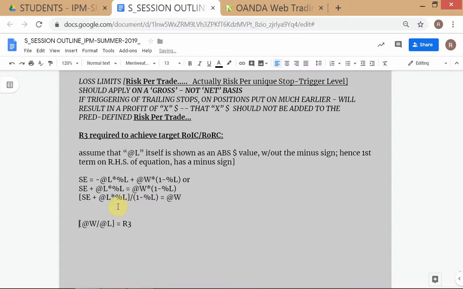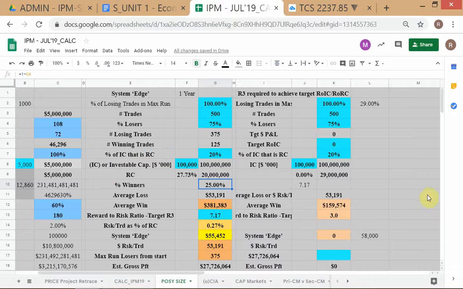Remember what the question is. The decision problem is the investor is demanding a 29% return on invested capital, which means I have to return 29 million profits for him, gross profit, total profit minus total losses. That means system edge times total number of trades.